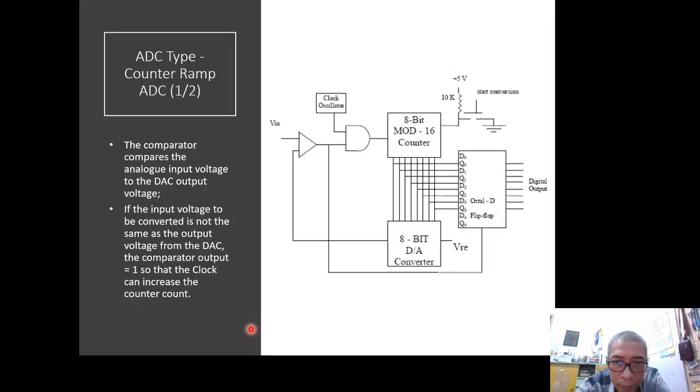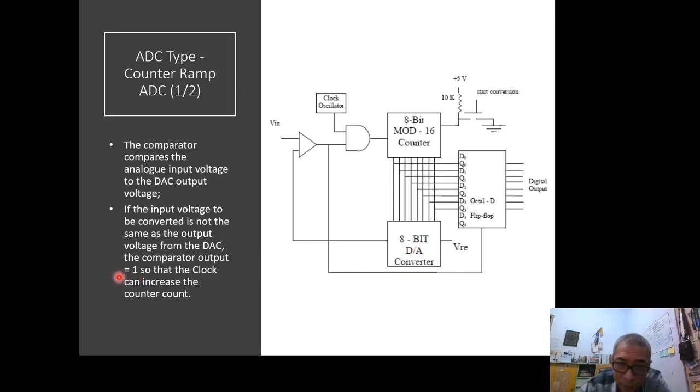The comparator right here compares the analog input voltage to the DAC output voltage. If the input voltage to the converter is not the same as the output voltage from the DAC... So what we have here is the DAC, which is the reverse of the ADC, a digital to analog converter.